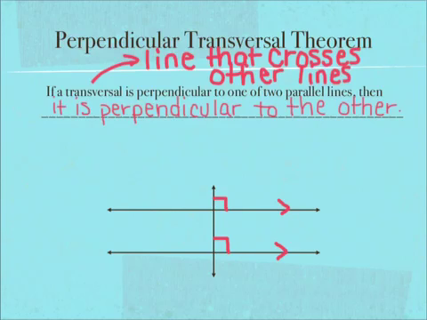Hopefully that makes some sense to you, that just from looking at this picture, if two lines are parallel and there's a line that's perpendicular to the first one, then it's going to have to be perpendicular to the second one. So that's what the perpendicular transversal theorem says. And I could prove this to you, but I won't be able to until after we do our lesson on Monday. So for now, just believe me.